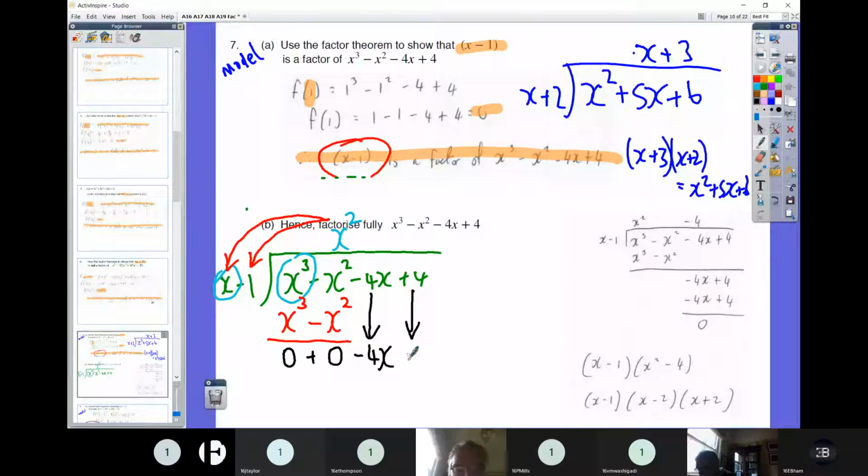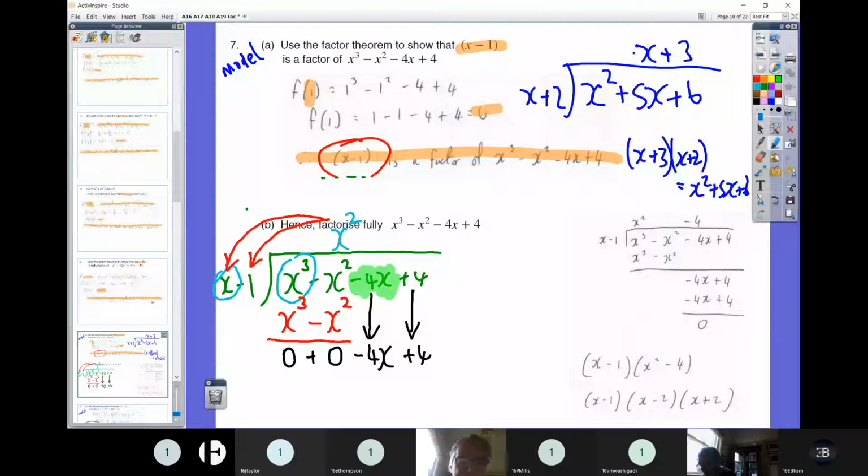Normally, 99 times out of 100, that second zero wouldn't be a zero, it would be some x squareds, in which case you would just bring down the minus 4x and worry about the plus 4 on your next lap.